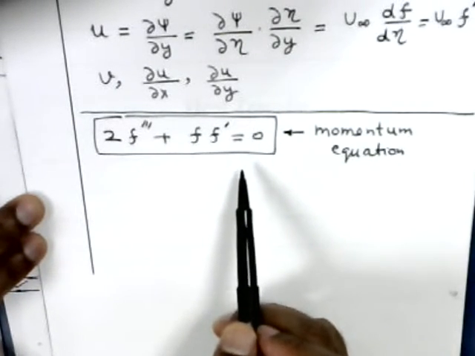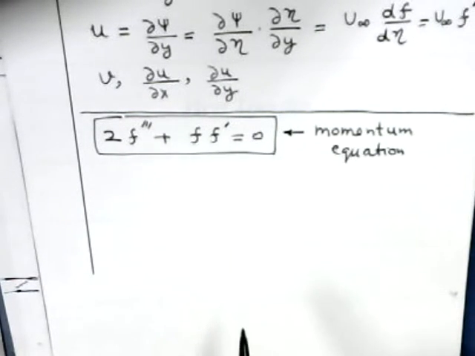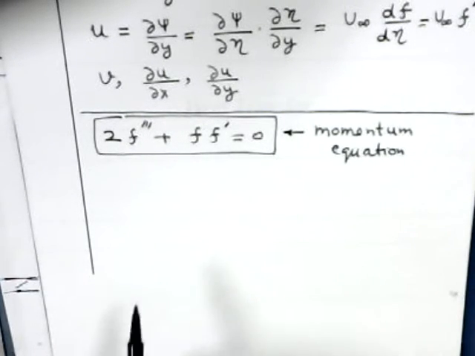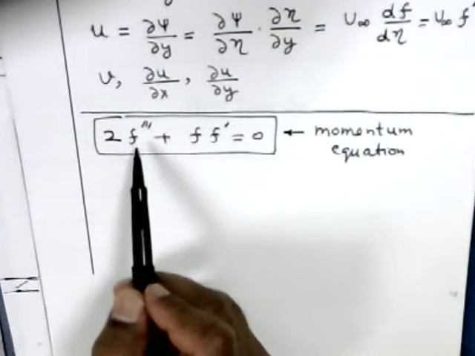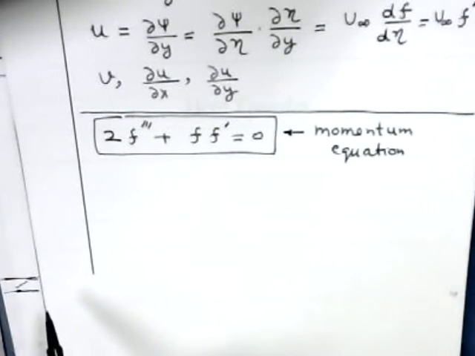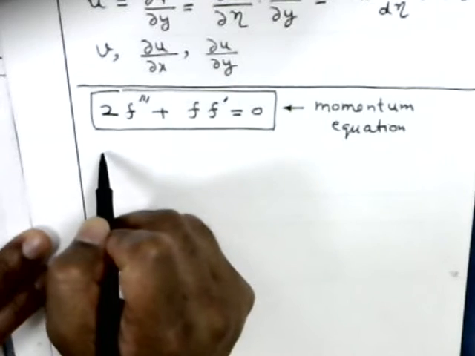This is because of using that similarity, that within the boundary layer velocity profiles are similar. So you can write u over u infinity is a function of y over delta or a function of eta. So based on that we get this. So it's a third order non-linear differential equation. You need 3 boundary conditions to solve this, and let us first write them in terms of u and v.